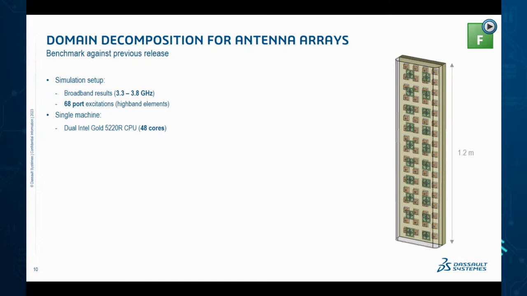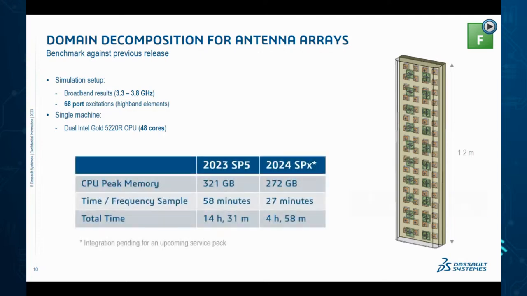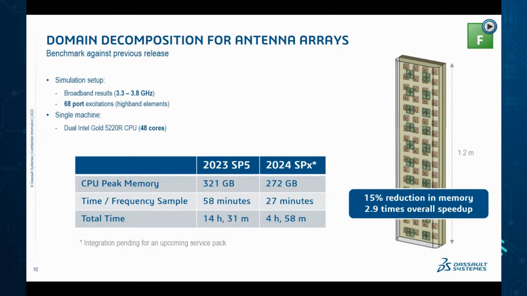The model we ran was a 68 port excitation for one of the polarizations, and all the results that you're going to see were executed on a single machine with 48 cores. If we compare now the results for 2024 with 2023, we see a nice 15% reduction in memory and up to 2.9 times speed up on the overall runtime.